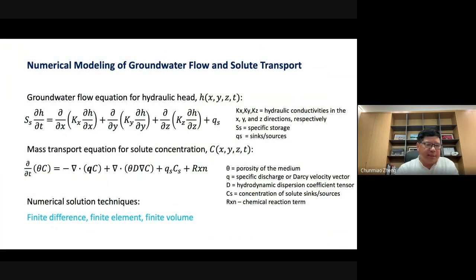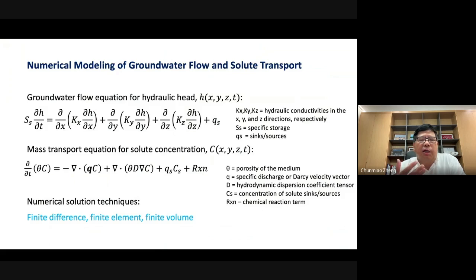Okay, since this is a modeling talk, a Google modeling talk, I have to show you some equations. So for groundwater dynamics, the first equation is the basic governing equation. It's for water level and hydraulic head, in 3D space, and also time variant, so transient.